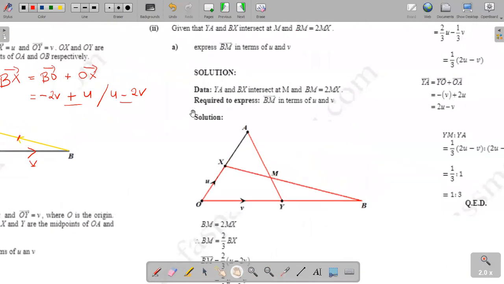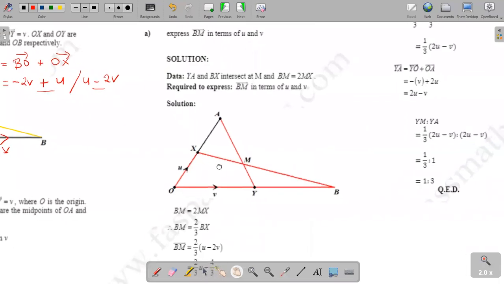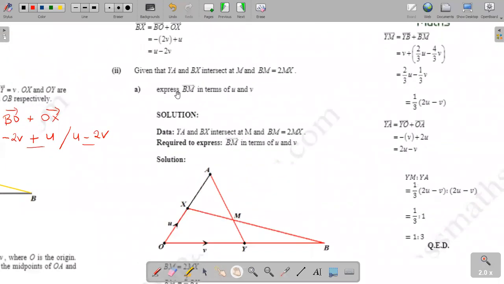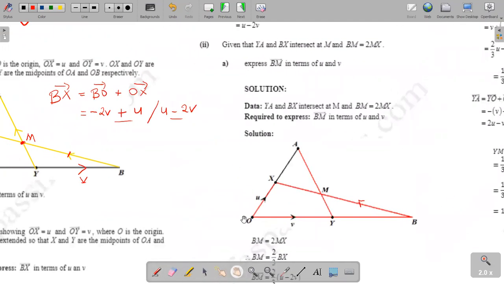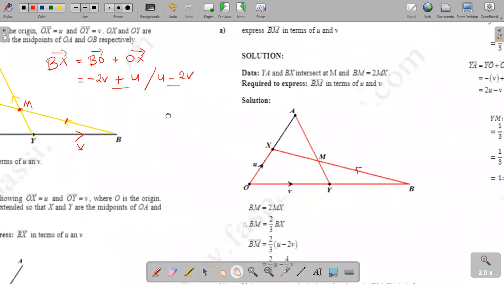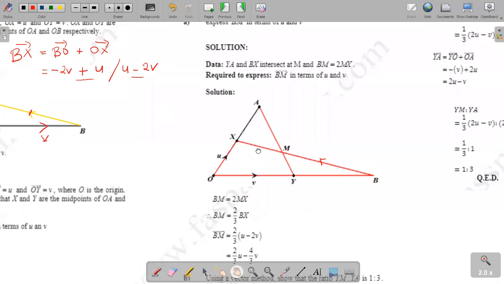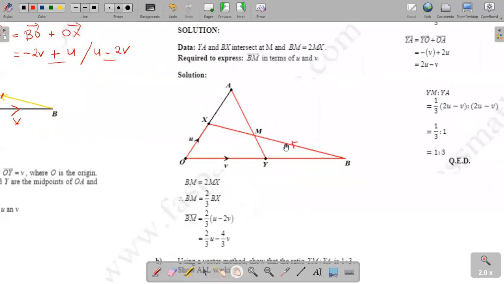So let's look at the next part now. We all agree with this part. They say express BM in terms of U and V. BM. So that means they want you to go from here to here. How can I get BM if I don't have BX? So what do you think I got to find first? BX. But don't we have BX already? Right or wrong? Because BM is 2 out of 3.